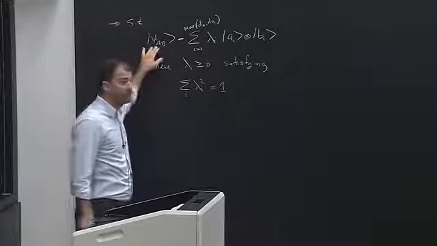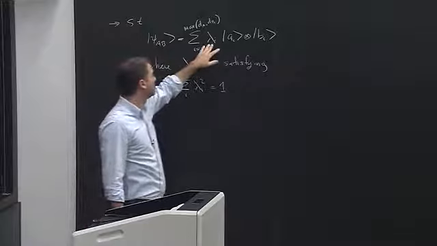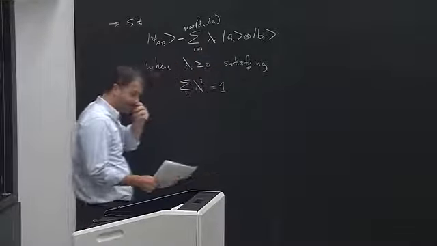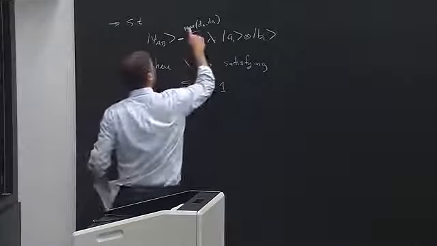If psi is not a factorable state, if it's entangled, then there's going to be more than one term in this sum. Is the sum going to the max or the min? The min, thank you.